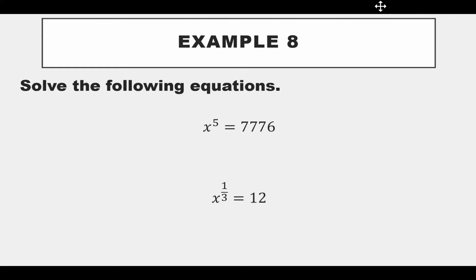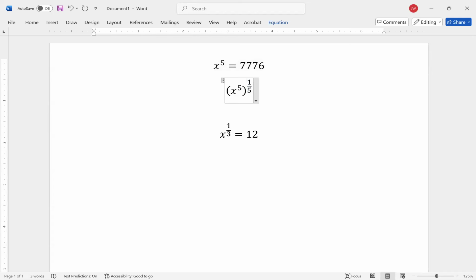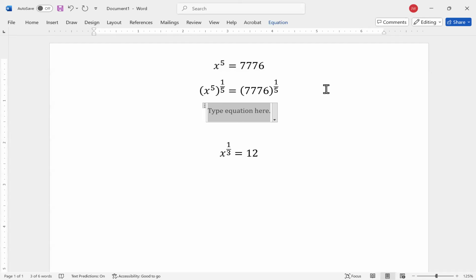So since x to the fifth is 7,776, what I could do is I could take that x to the fifth and I could raise that left-hand side to the 1/5 power. If I do that on the left-hand side, I do that on the right-hand side as well. And since 7,776 is a positive number, I can perfectly apply that rule.